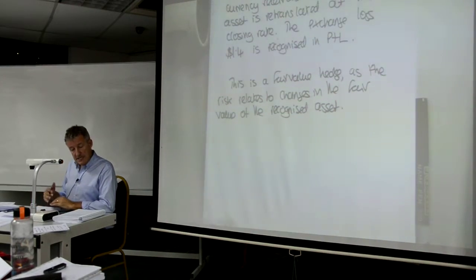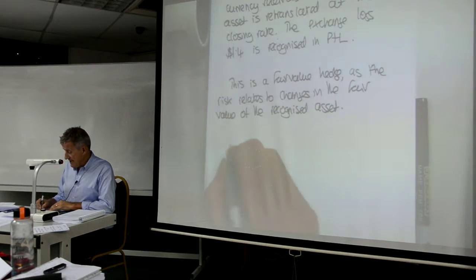The currency contract is the derivative which must be at fair value. Full stop, leave a space, new paragraph.